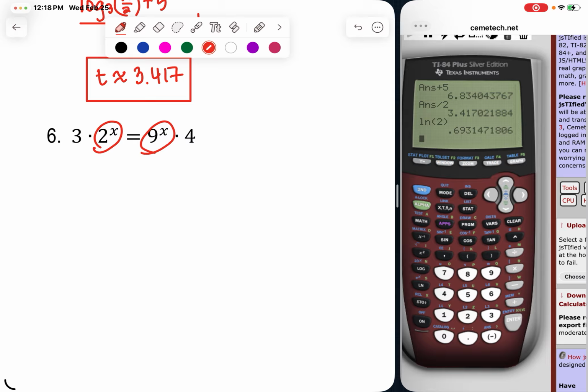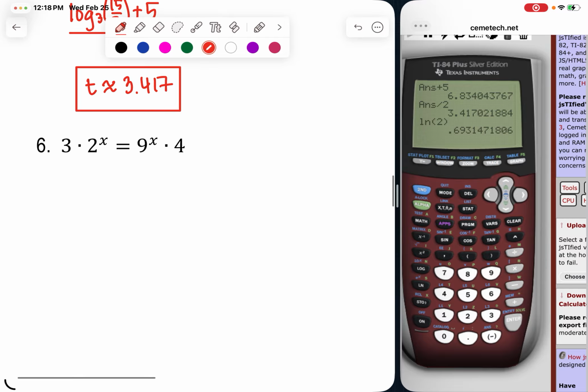So I'm going to get everything with an x in it on the left side, everything without an x on the right side. I'm going to divide both sides by 3, and that means I'm also going to divide both sides by 9 to the x. So now I have 2 to the x over 9 to the x is equal to 4/3.